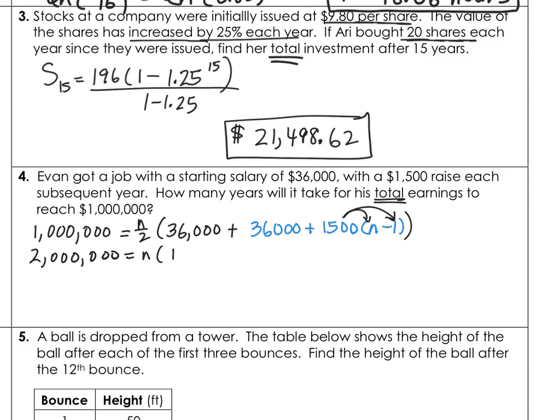So this gives me 1,500 n plus 72,000 minus 1,500, 7,500. Okay. Then I'm going to go ahead and distribute that into these two pieces and subtract the 2 million on the other side at the same time to try to save me some steps of writing, because they didn't give us a lot of room on this page.